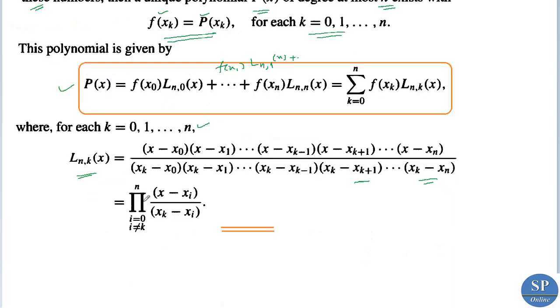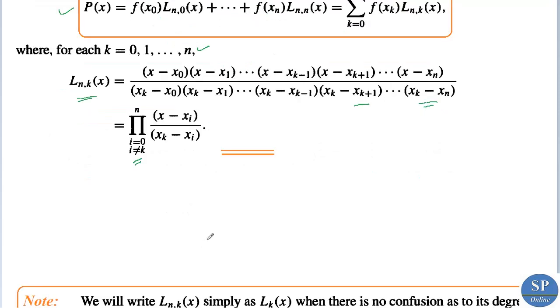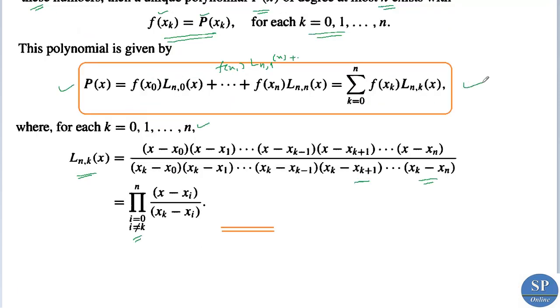That is, in product notation we can write this as the product over i from 0 to n, where i not equal to k, of (x minus xi) divided by (xk minus xi). So this is the nth Lagrange interpolating polynomial.